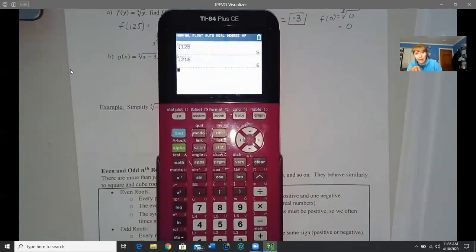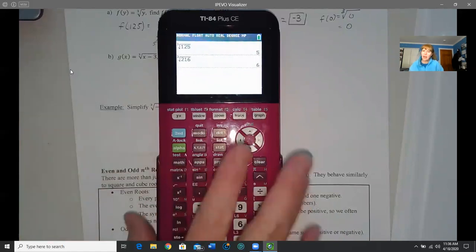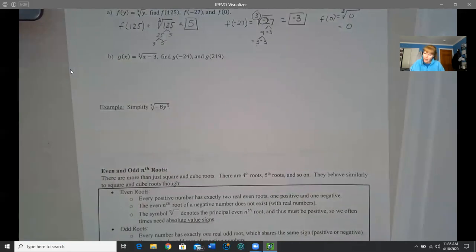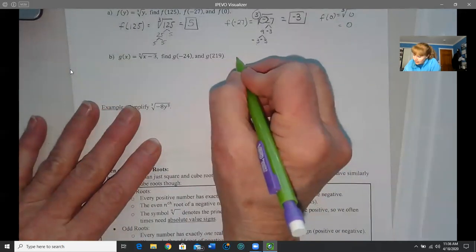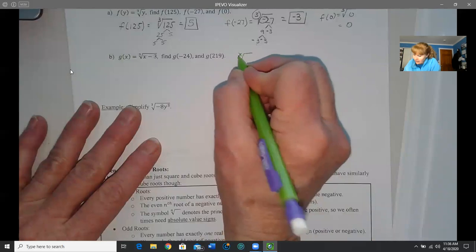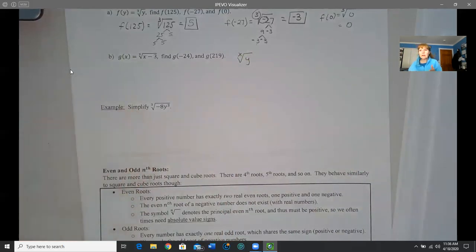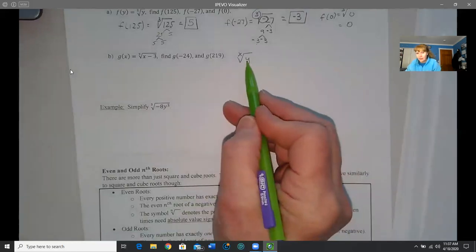Now, if you don't have one of these calculators and you have just a scientific calculator, a lot of times you're going to want a key that looks like this. Sometimes they may even put the y right there. That'll give you cube roots, 4th roots, 5th roots. Sometimes we want 5 of something that multiply together give us a number. This key will do this.